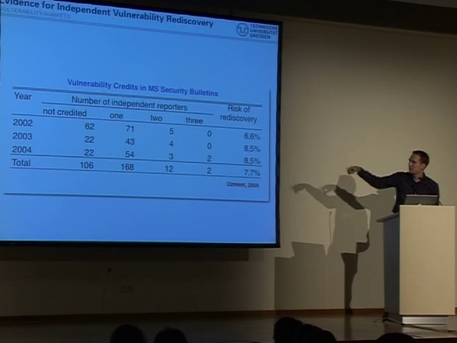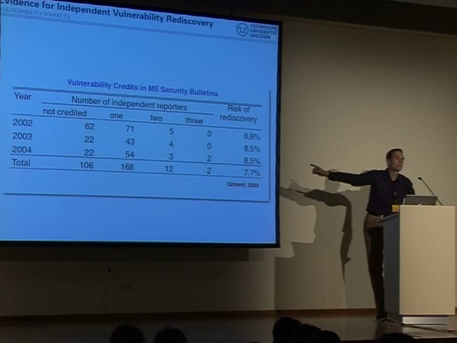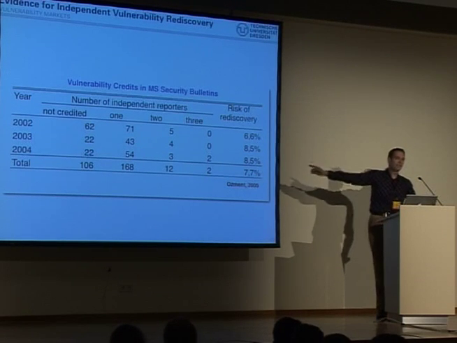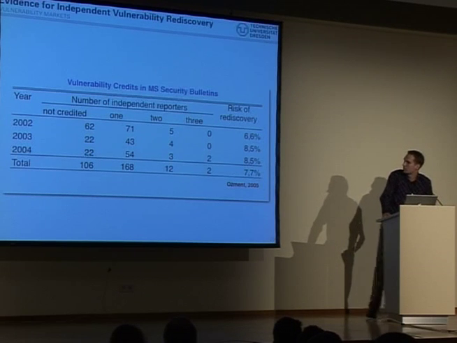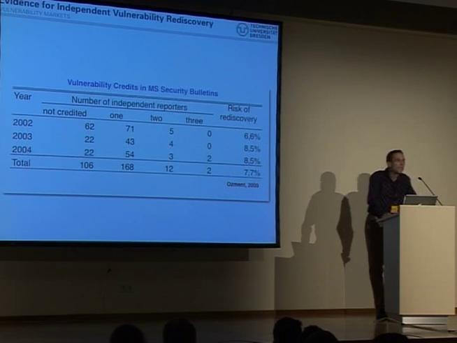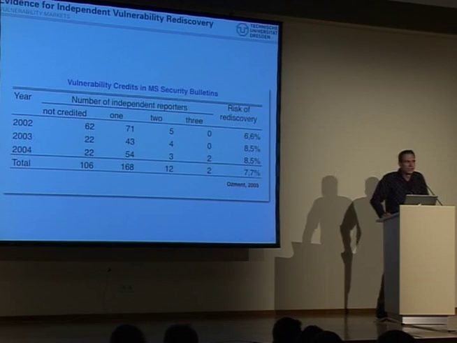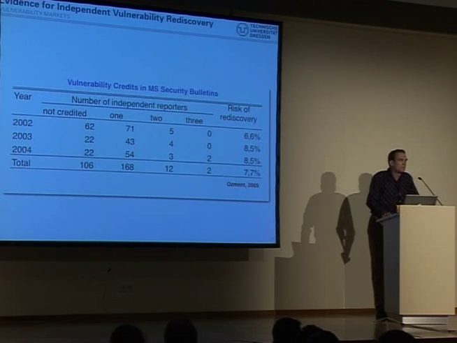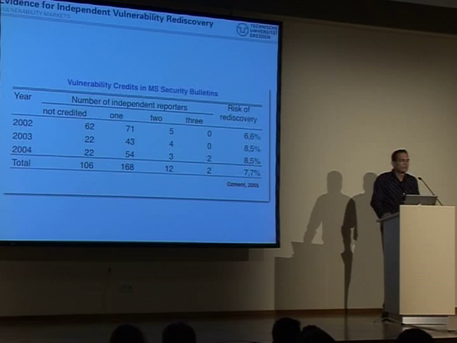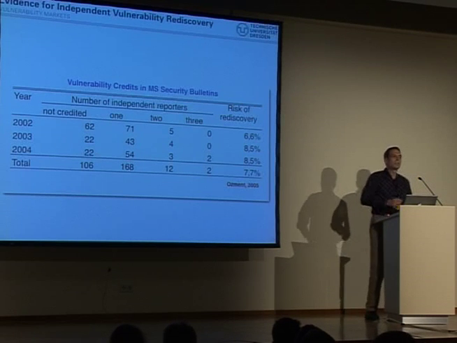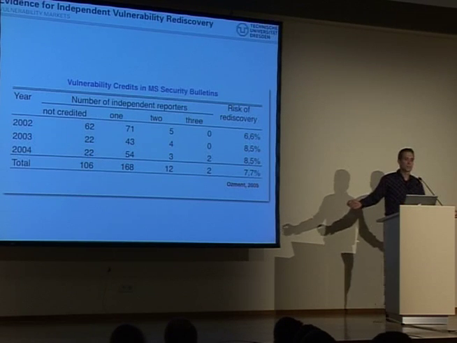From this data, we can compute the risk of rediscovery, and you see that it is at an ample amount of, say, 7% or even almost 8% on average. So 8% of the vulnerabilities have been discovered independently in a fairly short window of rediscovery. It's only 3 months, so if you consider the whole life cycle of a software, it could be even worse.